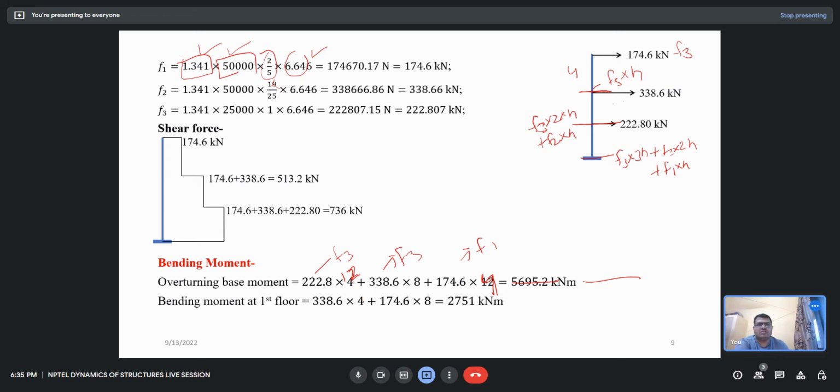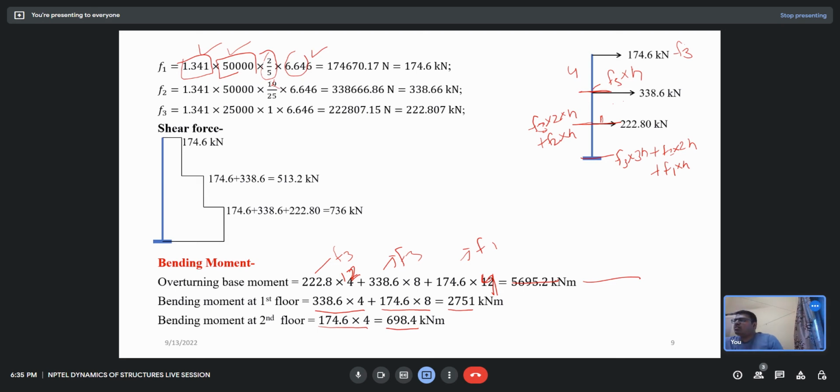Bending moment at the first floor. At this floor, that will be 338 multiplied with 4, and F3 multiplied with 2h, so that will be 2751 kilonewton meter. And the bending moment at the second floor is 174.6 into 4, that is 698.7.